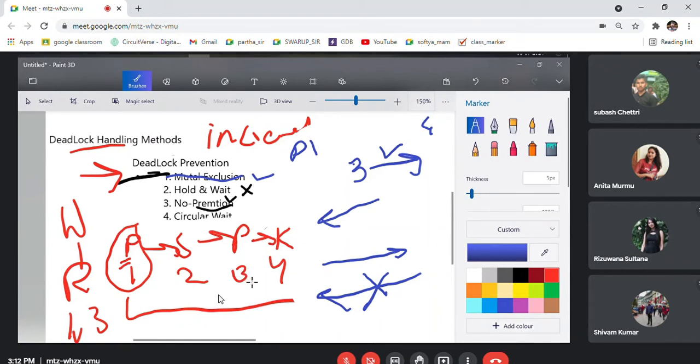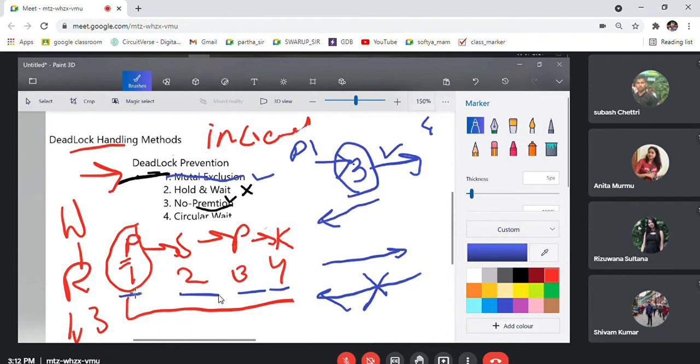So that is circular wait. First, to each resource assign some numbers. Second, when a process requests a resource, if it does not have any, assign them the resources in incremental order. Problem solved. But if they already have some resource, like P1 had 3, and it requests 4, assign it because it is bigger. Now Rj is greater than Ri, so assign.